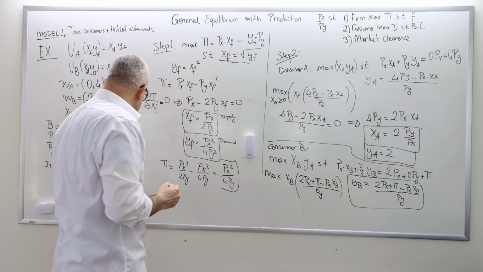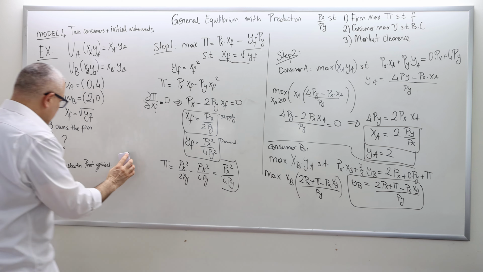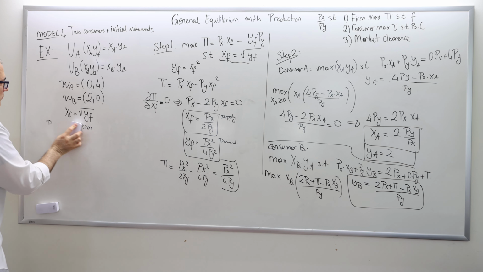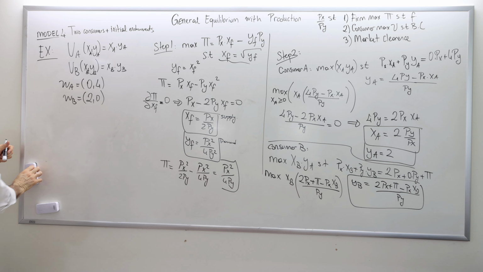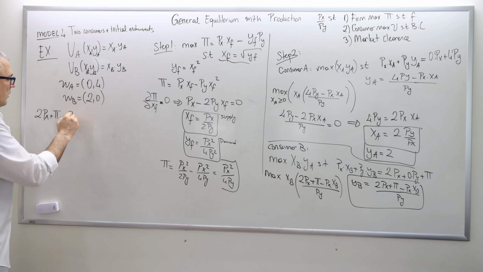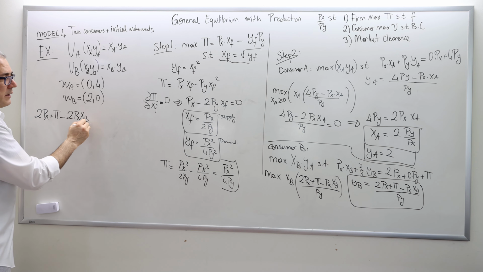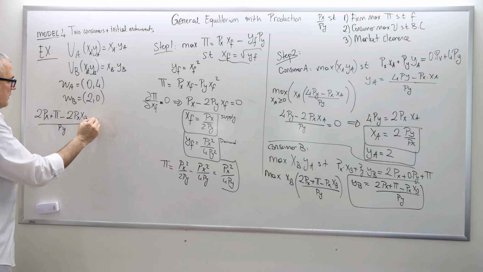So the first order condition, so let me continue somewhere here. I can't erase these really. So if I take the derivative of this thing with respect to XB, it's going to be 2PX plus pi minus 2PX XB divided by PY equals 0.